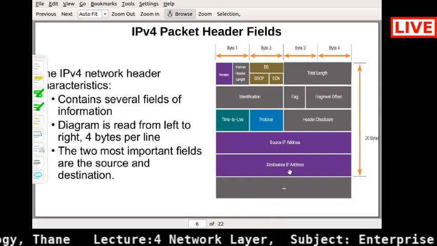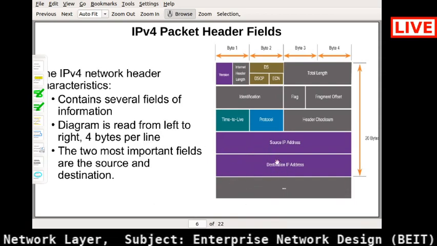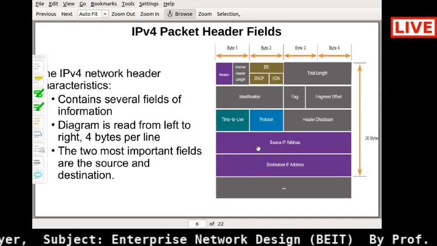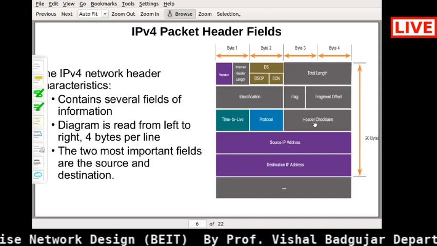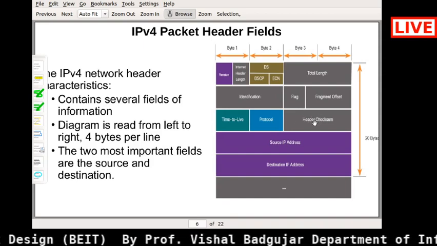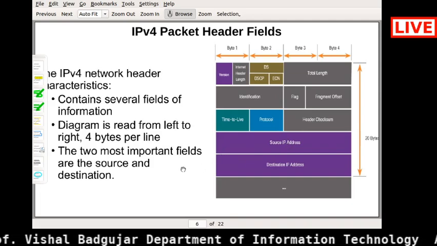The source IP address and destination IP address are very important here, again 32-bit each. Header checksum is 16-bit, responsible for error control and all that.